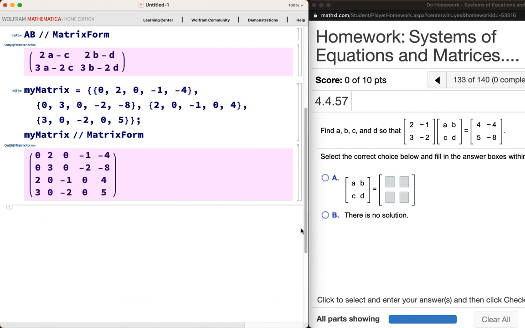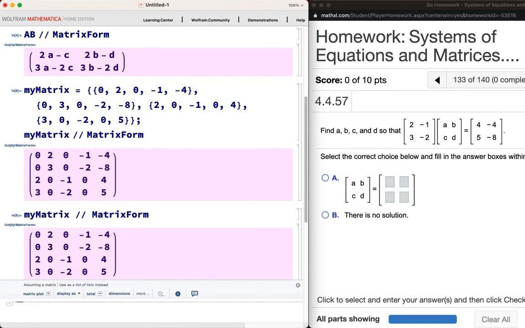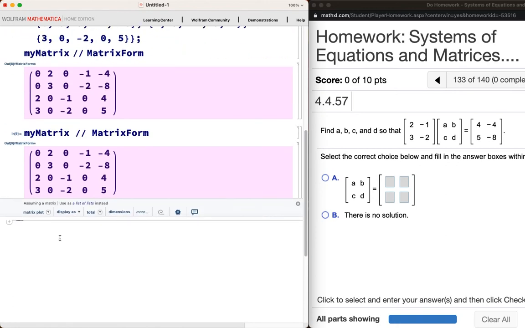Let me erase that and let's start this over again. Okay, so that's kind of weird. Oh, okay. I remember. Sorry about that. I had a lapse of memory for a moment.